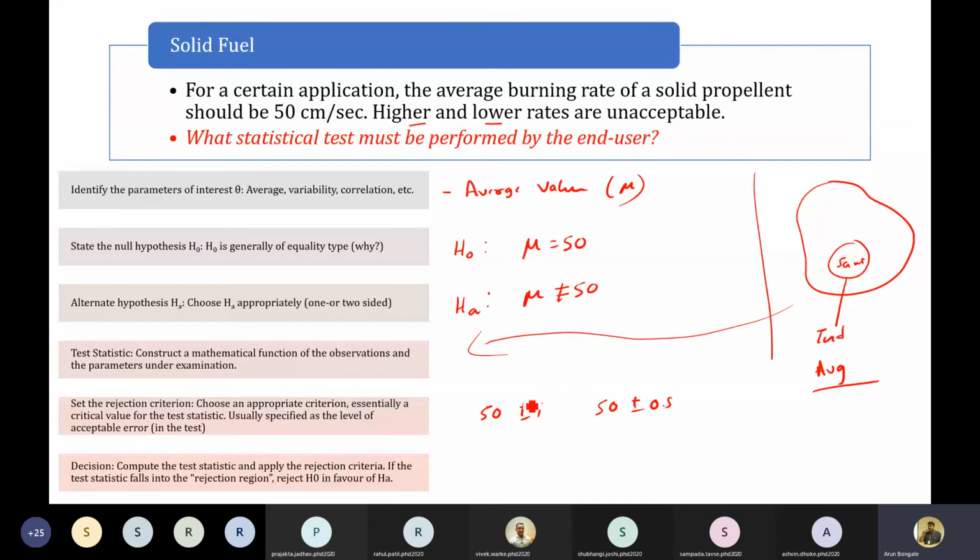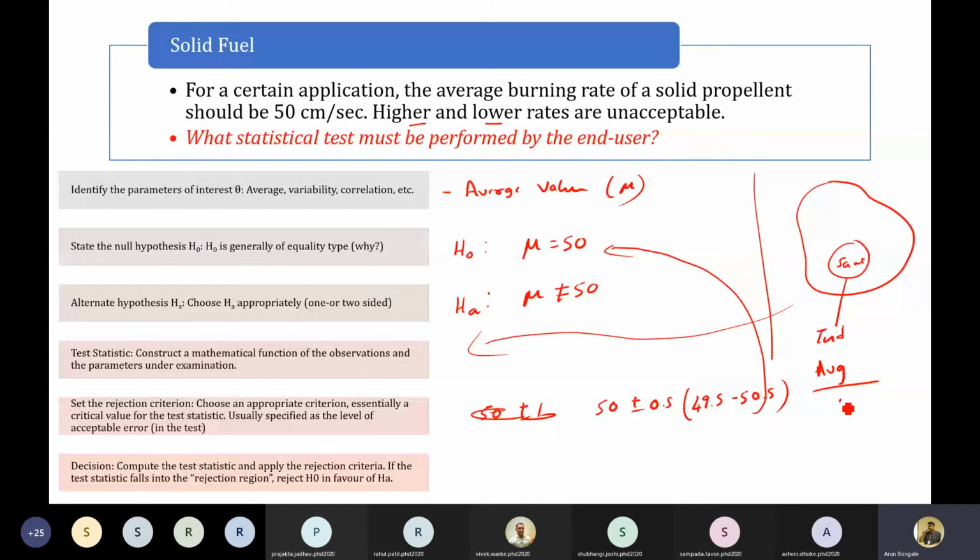We'll discuss that later. But for the time being, I'll set the criteria as 50 plus or minus 0.5, which means it can vary from 49.5 to 50.5.